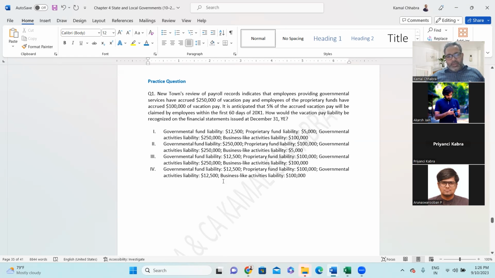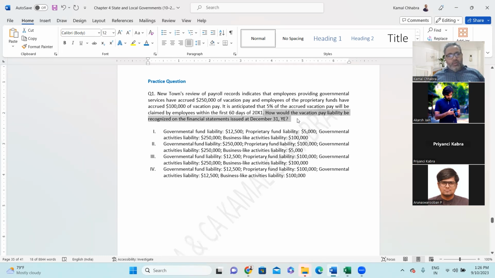It is anticipated that 5% of accrued vacation pay will be claimed by the employees within 60 days of 2001. How would the vacation pay liability be recognized on the financial statements issued at the 31st December year end? So what is the call of the question? How would the vacation pay liability be recognized in the financial statements?